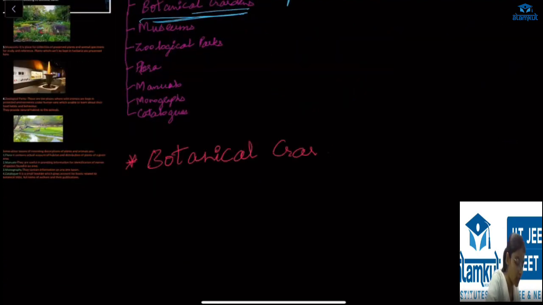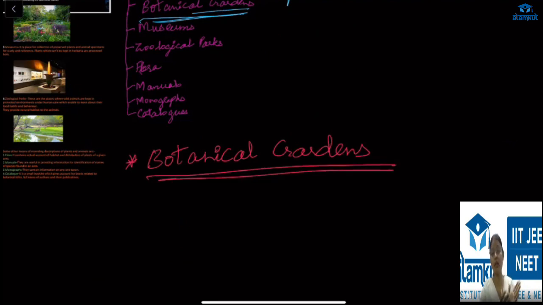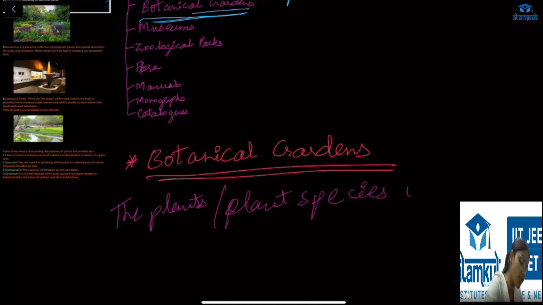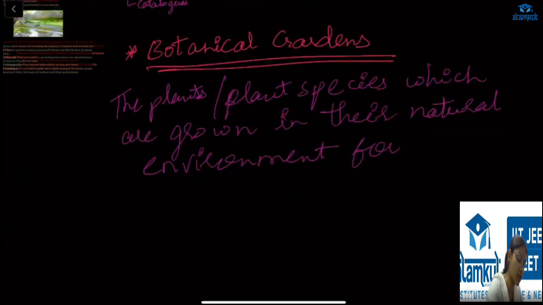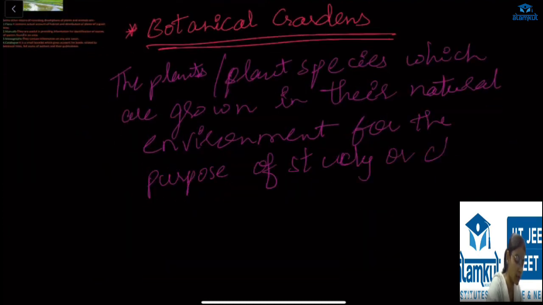What are these botanical gardens? It is also about the plants. Botanical gardens are various kinds of gardens situated at different parts of the world, and these gardens have different kinds of plant species grown in the natural environment. Okay, so botanical gardens are the plant species which are grown in their natural environment for the purpose of study or classification.